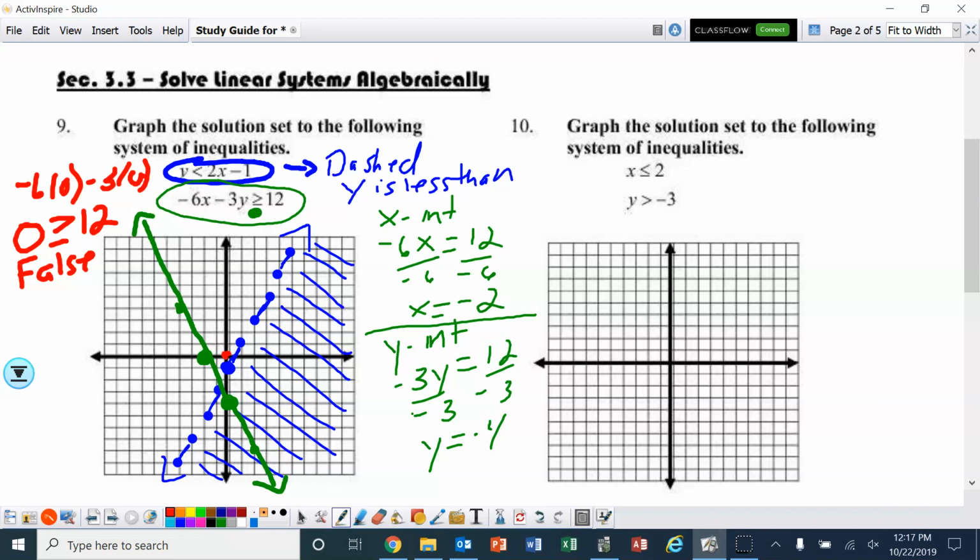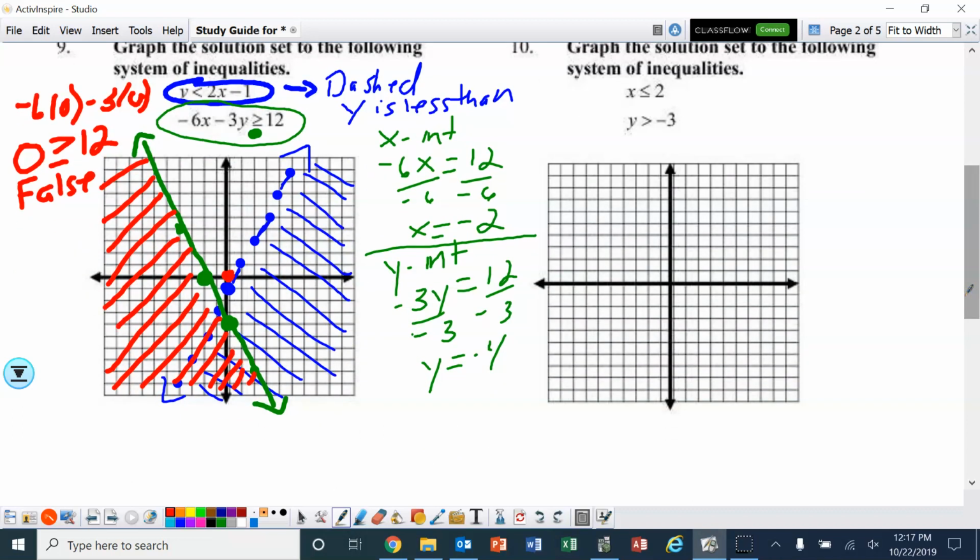So I'm not going to shade above because 0, 0 is above it. So I'm going to shade below it. And where they overlap, ladies and gentlemen, this part right here, where they're overlapping, is the solution set.